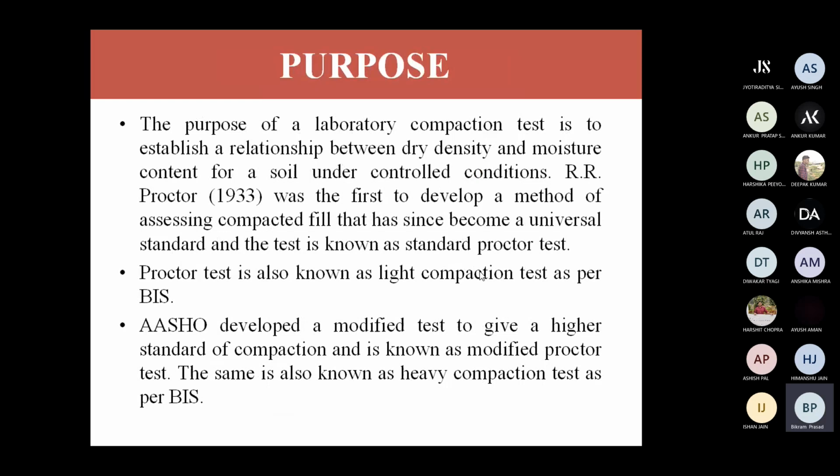The Proctor test is also known as the light compaction test as per BIS, Bureau of Indian Standards, which also developed a modified test to give a higher standard of compaction, known as the modified Proctor test. The same is also known as the heavy compaction test as per BIS. So you can see the standard Proctor test is the light compaction test, and the modified one is termed heavy compaction, in terms of our Indian standards.